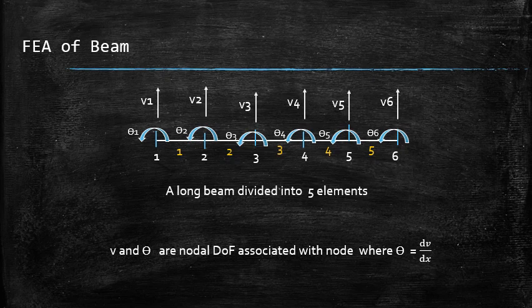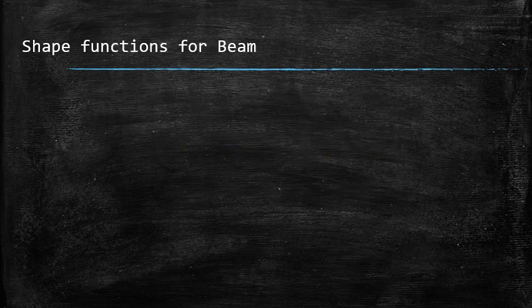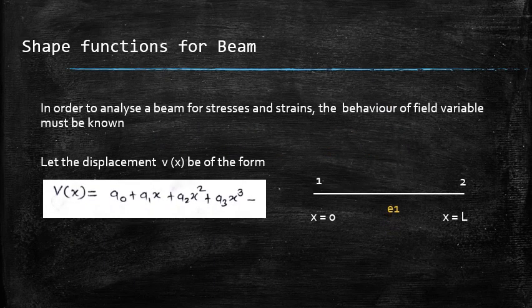Now the complete continuous beam has been divided into 5 number of elements. So this is 5 element 6 node problem. This is just for example. Now consider single element number 1.